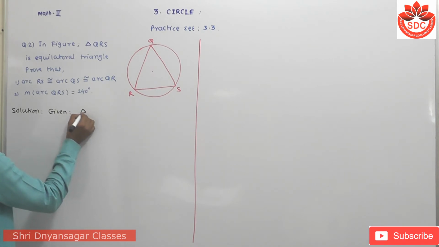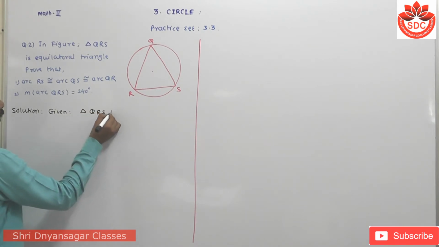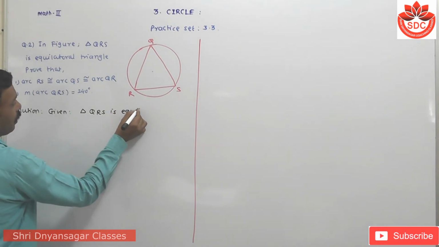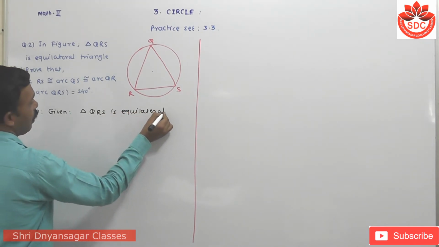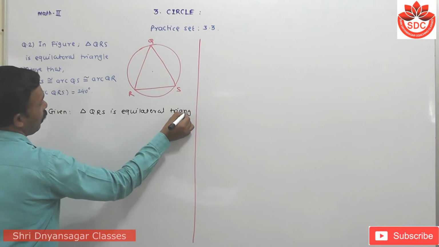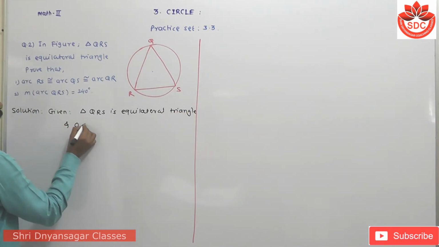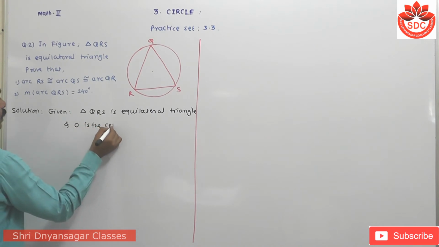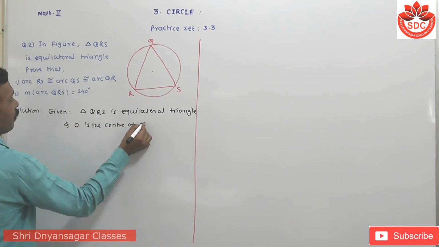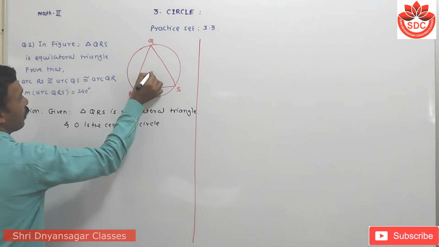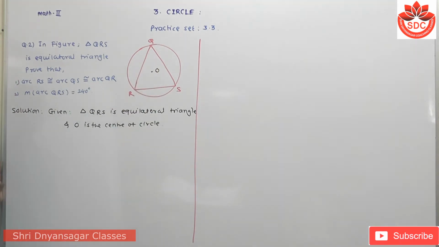In the figure, triangle QRS is an equilateral triangle and O is the center of the circle. Student, I have taken here the center of the circle as O. Then to prove, these two are to prove here.